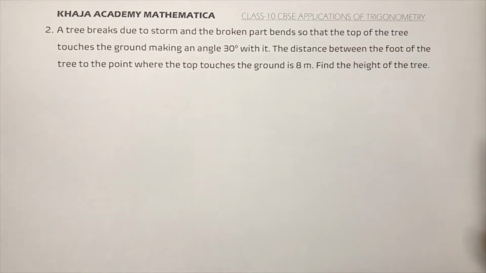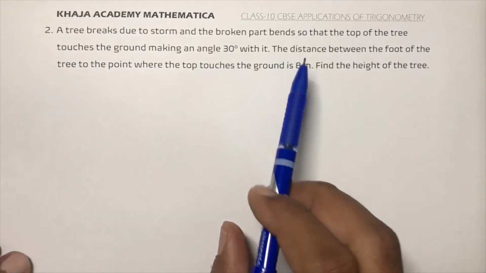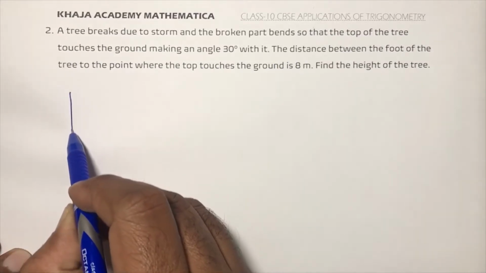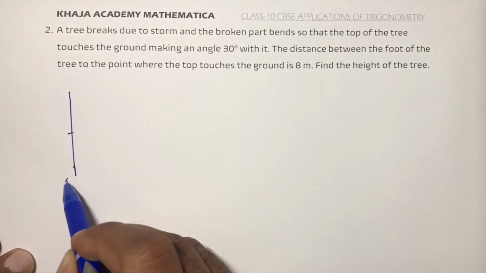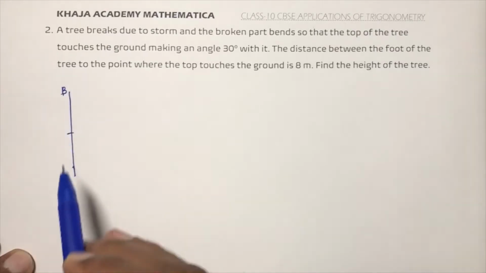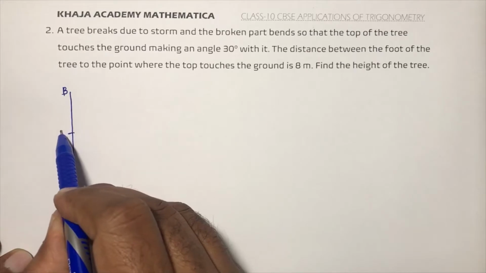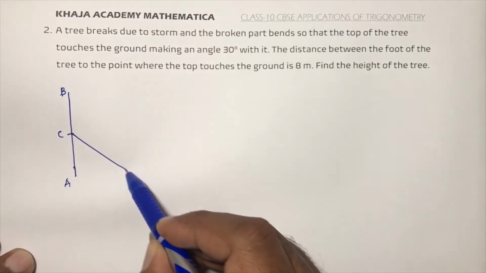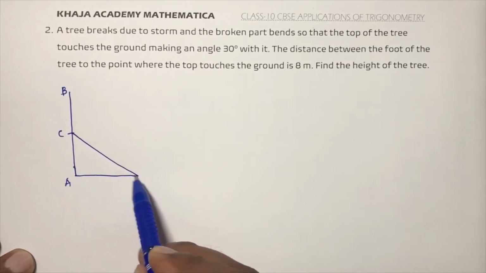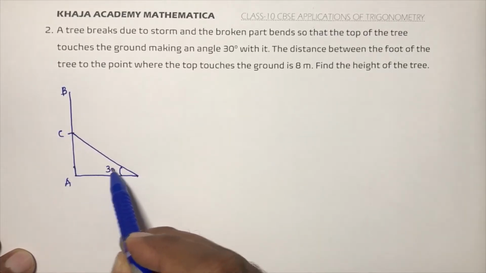A tree breaks due to storm and the broken part bends so that the top of the tree touches the ground, making an angle 30 degrees with it. Now see here, I'll take the total tree as AB. Suppose the tree has been broken at point C. This broken part fell on the ground by making an angle 30 degrees with the ground.